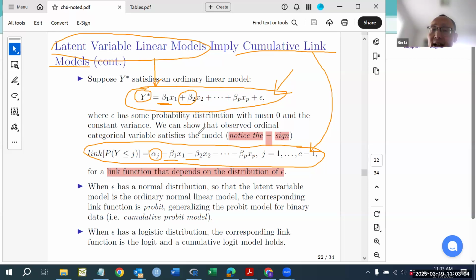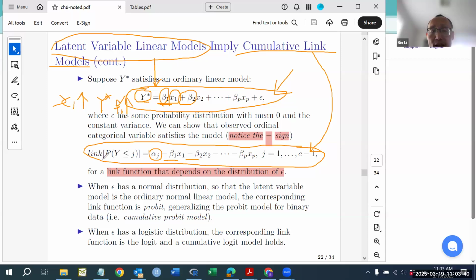Look, here, with a 1 unit increase in x1, the y star will increase by beta 1 units in expectation.